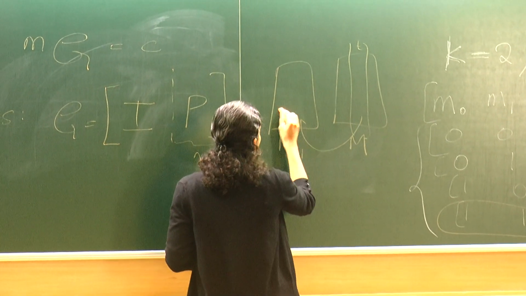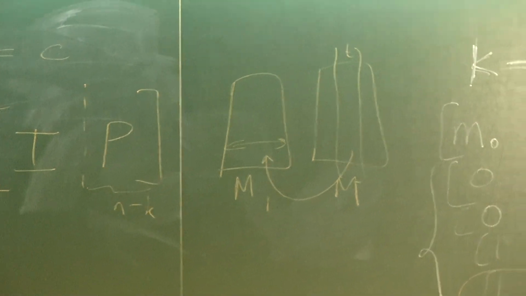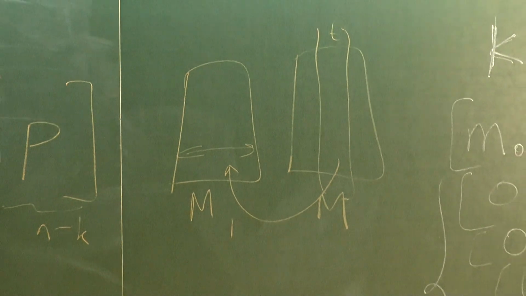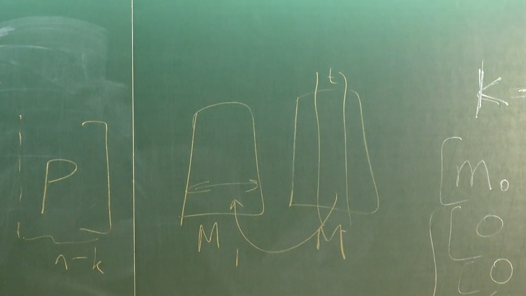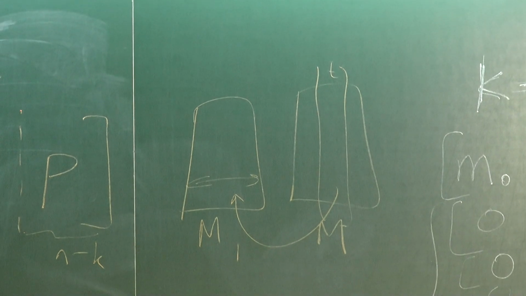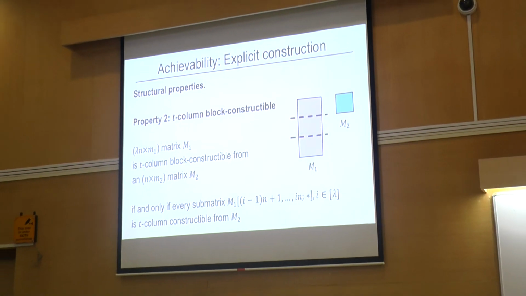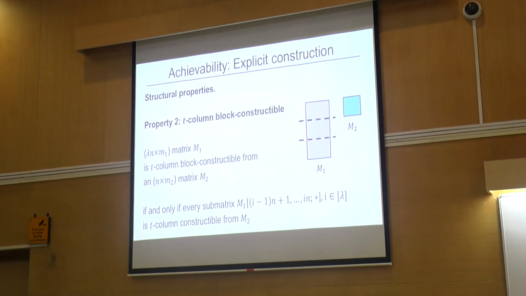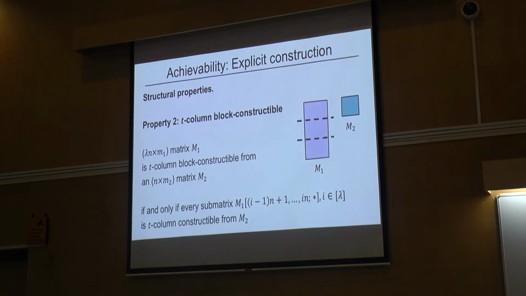Then we say T-column block constructible when we consider M1 to be a taller matrix and M2 to be short. We call M1 block constructible from M2 if every submatrix formed row-wise of the same height as M2 is T-column constructible.